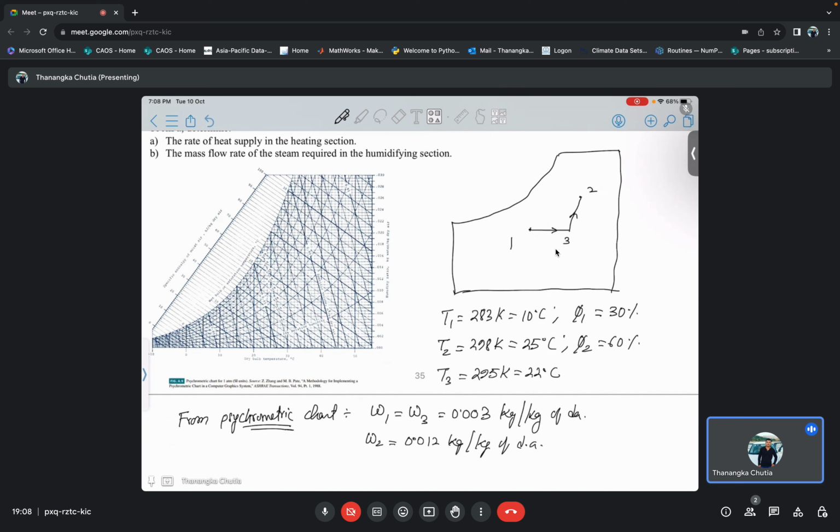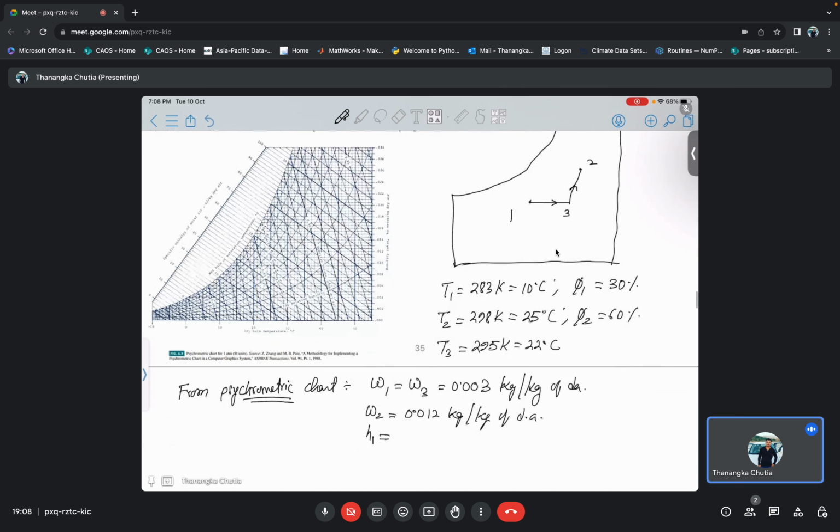Similarly, we can find H1 equals 16.5 kilojoule per kg of dry air, and H3 equals 28 kilojoule per kg of dry air.